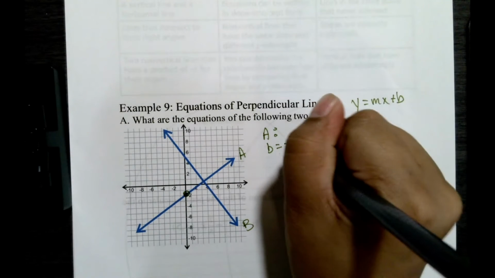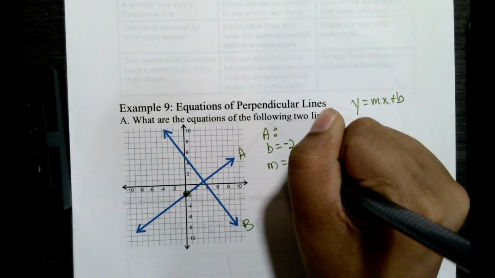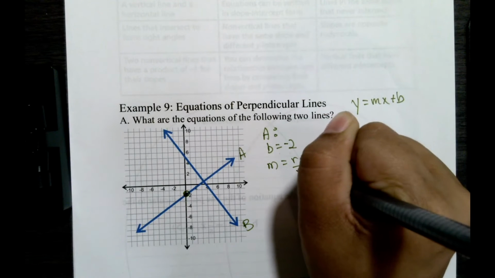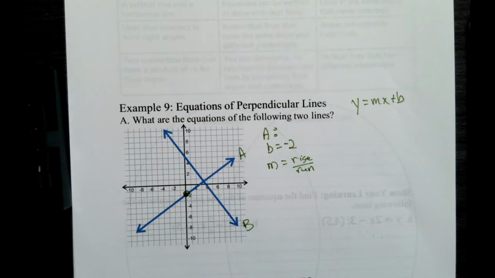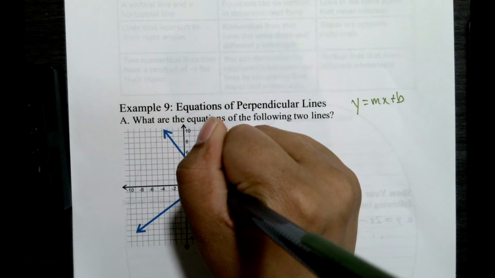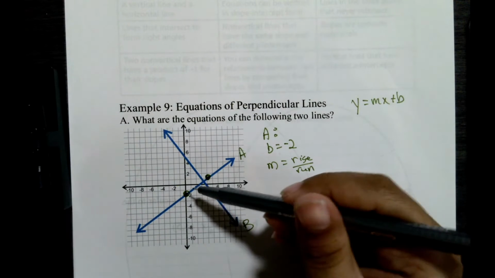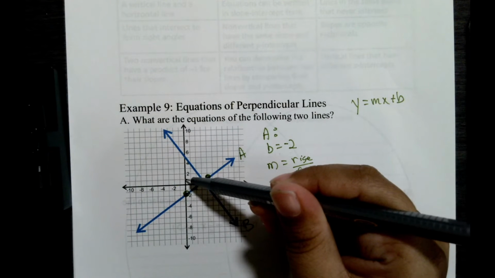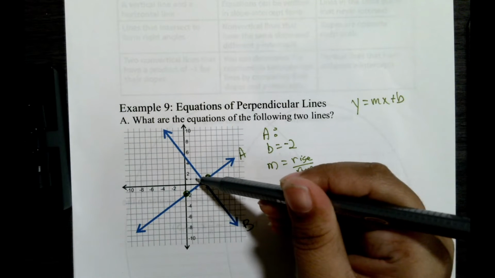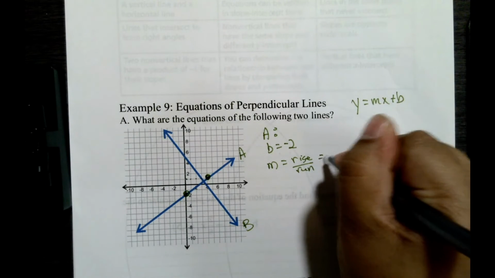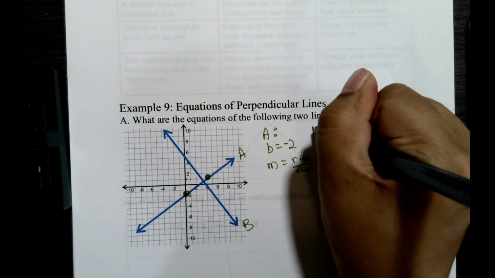So let's pick a point that is pretty clear. Let's pick this little guy. Then we're going to go up 1, 2, 3, and over 1, 2, 3, 4. So this is 3 over 4. So our equation is y equals 3 over 4x minus 2.